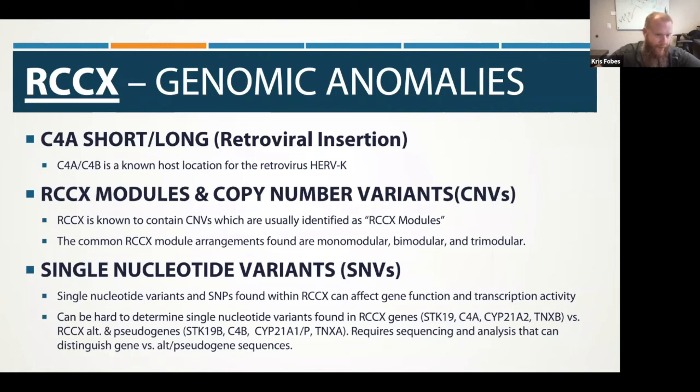Something like a SNP or SNV that pops up in ancestry type testing, it would be hard to tell if it's a variant that's actually in the gene or in one of the associated pseudogenes. So higher end sequencing or analysis that can distinguish between the two would be required for finding that out.